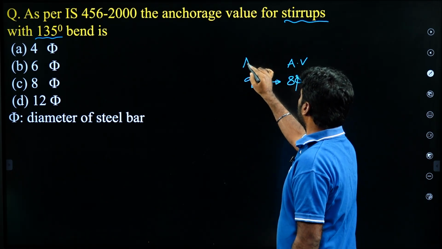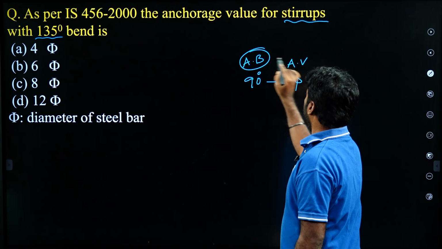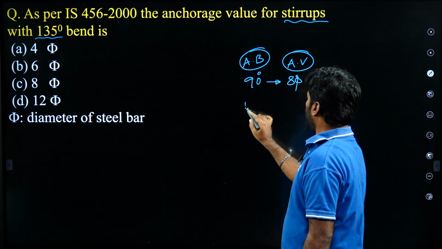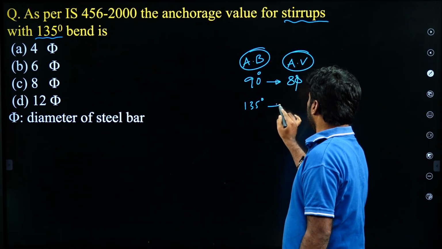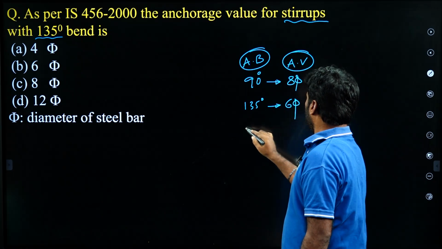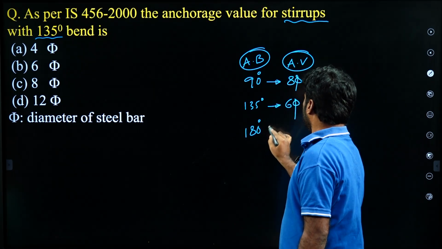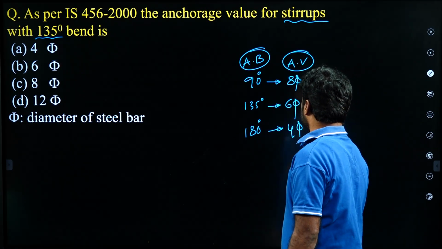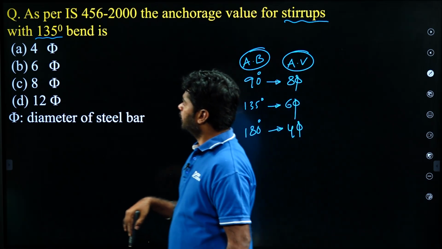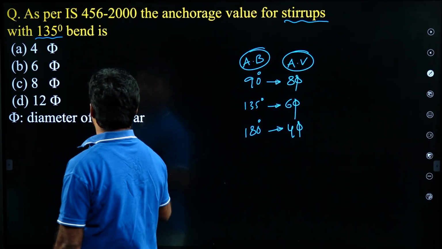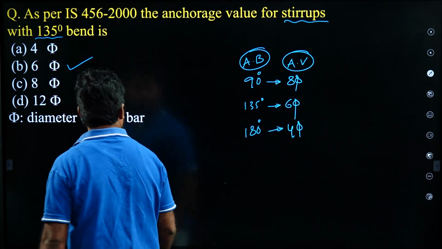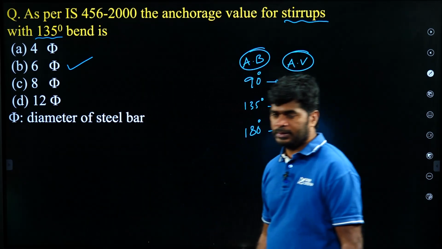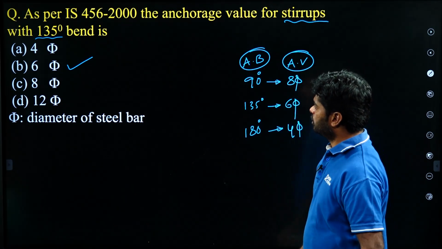For a 135 degrees bend, it is 6 times dia. For a 180 degrees bend, it is 4 times dia. Here 135 degrees bend is given, so option B is correct. Next question.